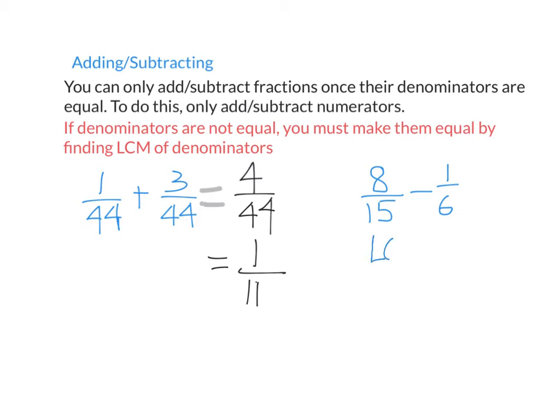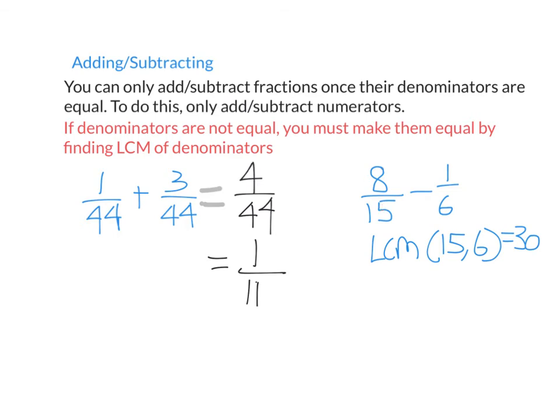So that's saying, what is the lowest number divisible by 15 but also divisible by 6? So 15 is not divisible by 6, so let's go to the next multiple of 15, 30. Well, 30 is a multiple of 15, but it is also a multiple of 6. So the lowest common multiple is 30. I need to make this number have a denominator 30.